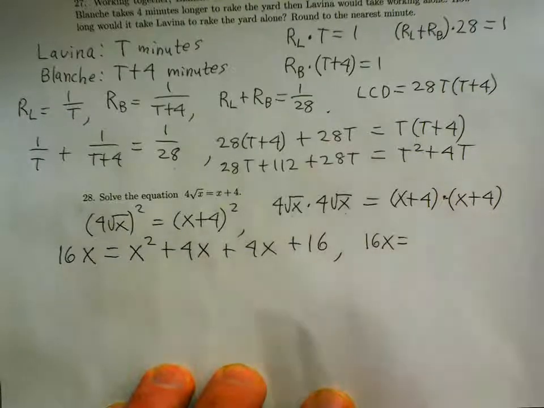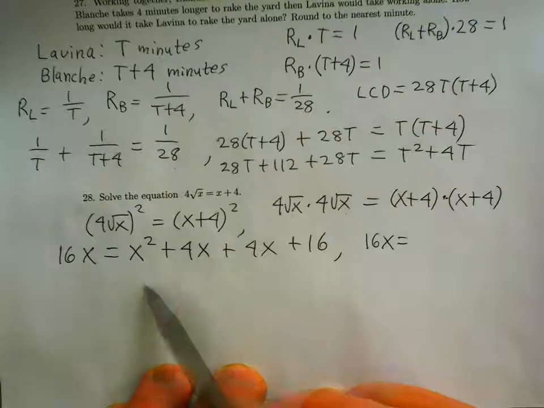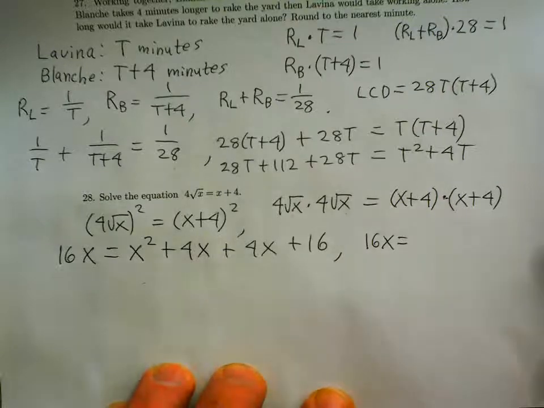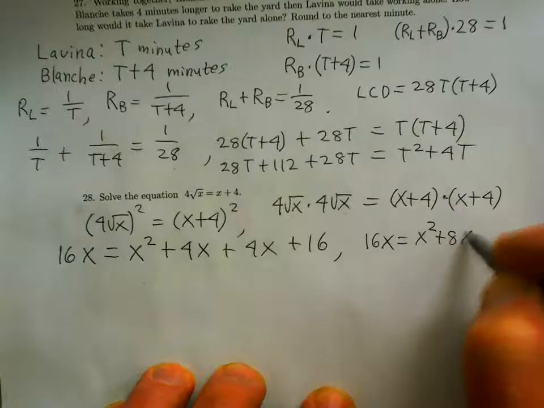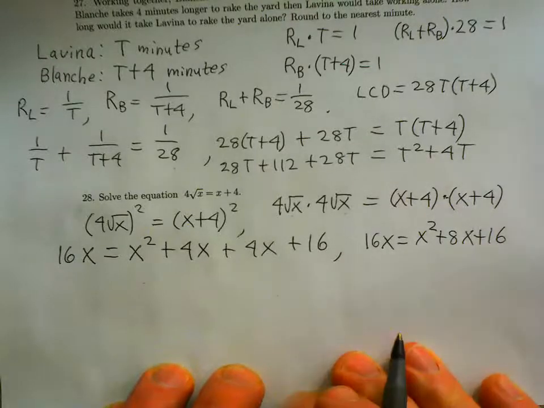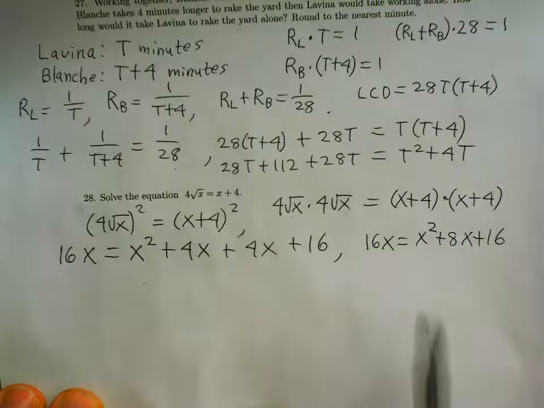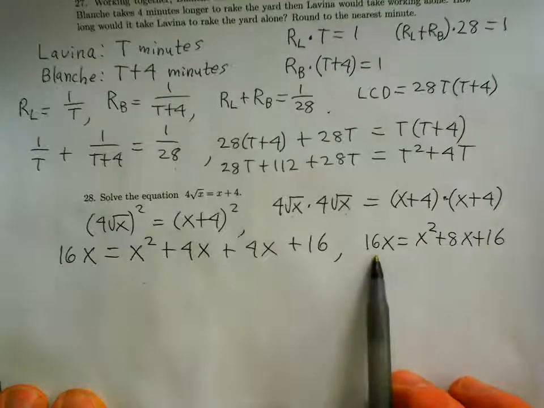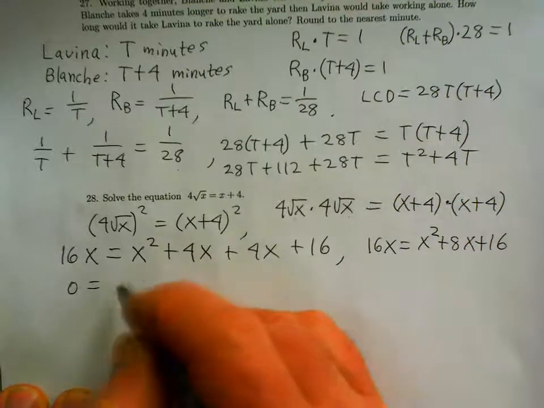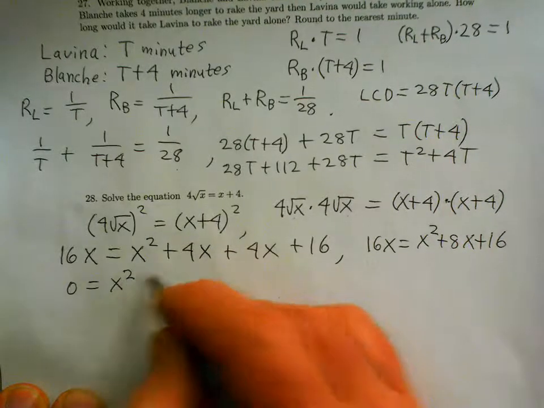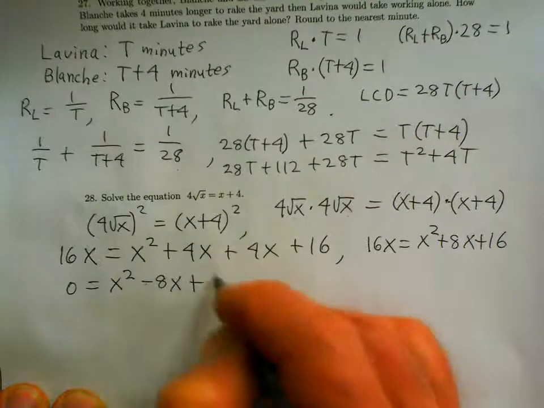So if we simplify the right-hand side, the equation becomes 16x equals x squared plus 8x plus 16. And then subtract 16x from both sides, we get 0 equals x squared minus 8x plus 16.